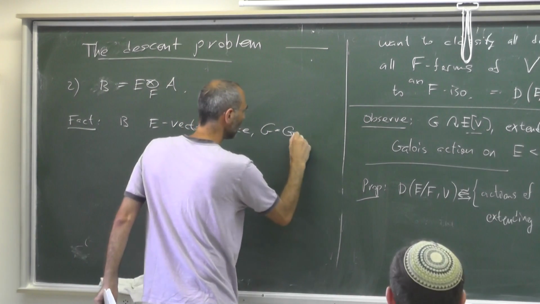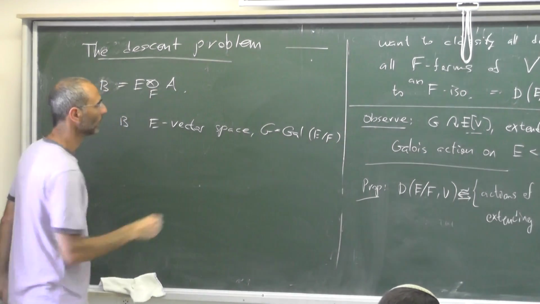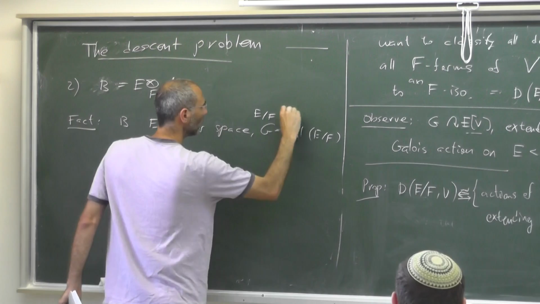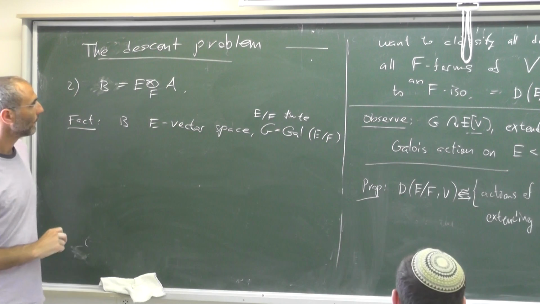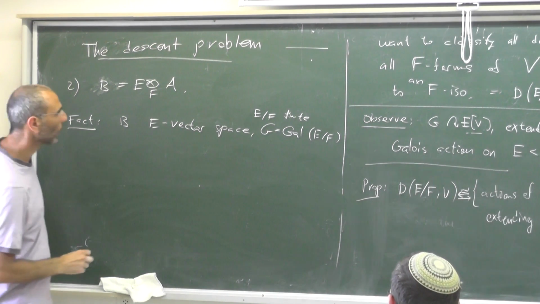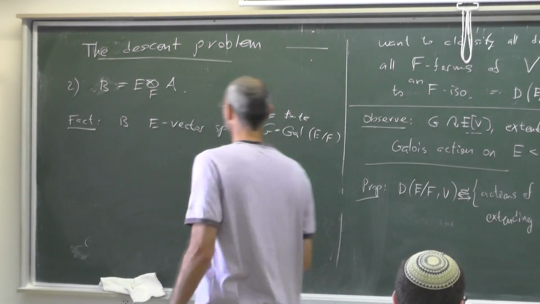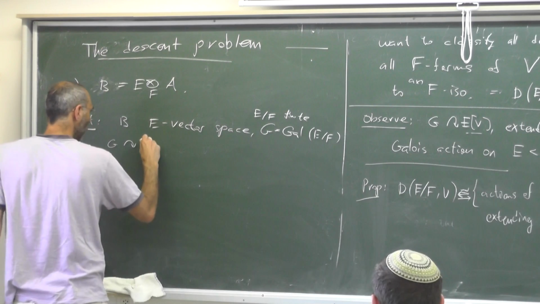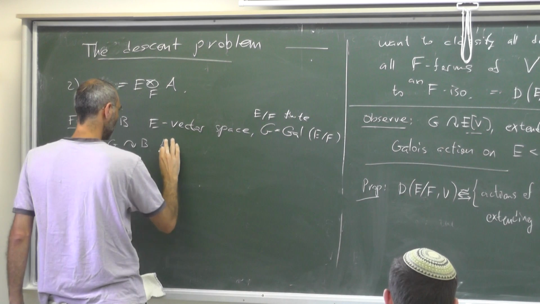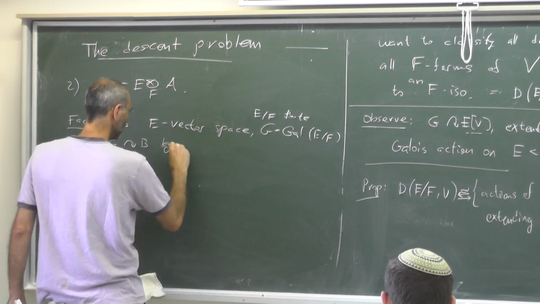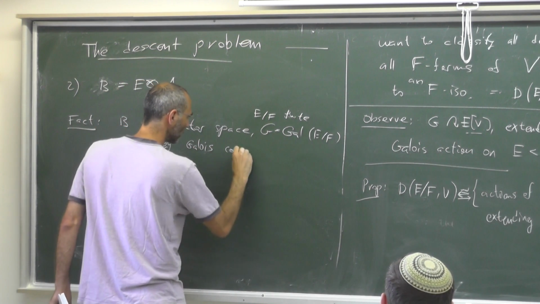G, let me recall now that it's the Galois group of this. So I'm having this finite extension. G is the Galois group, and I'm having this action. So G acts on B by what are called conjugations.